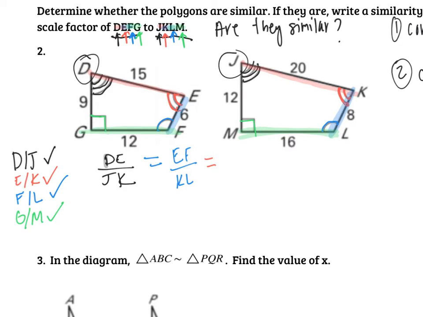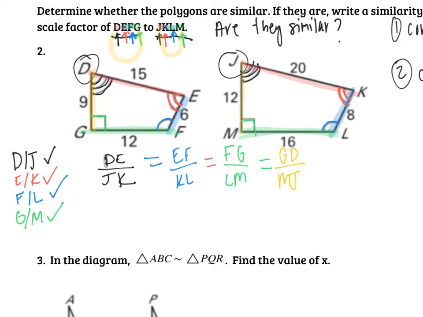So now I will write equals FG over LM, which equals, and my last one I'm going to do is GD. So I have GD right here, and again, I just go in order. I can see that G and D are the first and last letters of the name. And then M and J are the first and last letters of their name. So MJ is also highlighted. All right, so then I'm going to write equals GD over MJ.